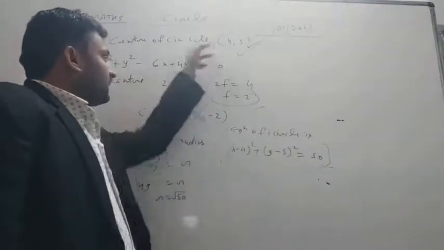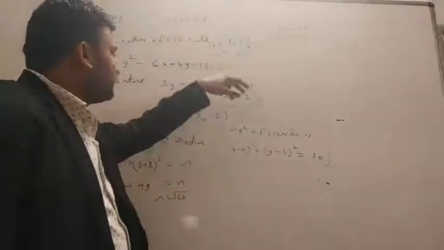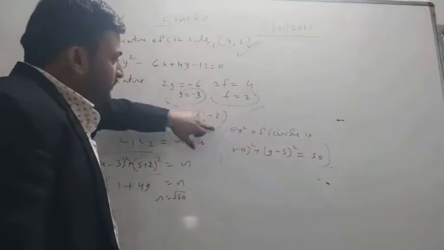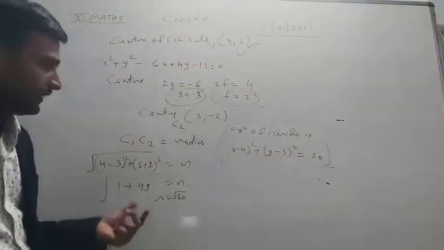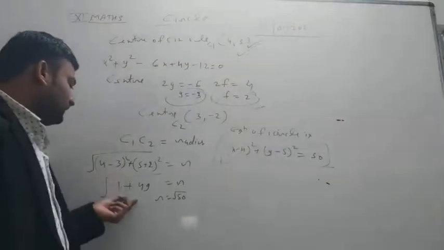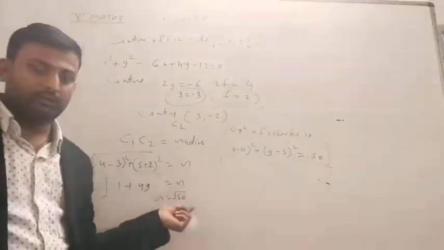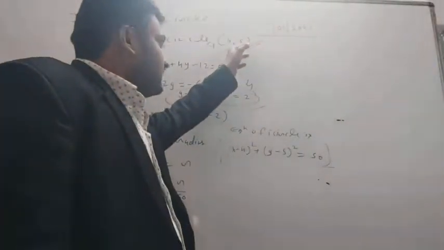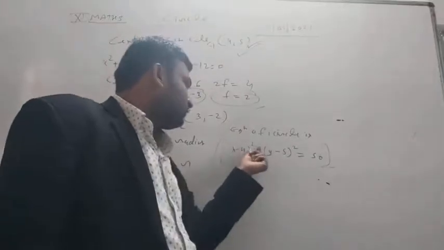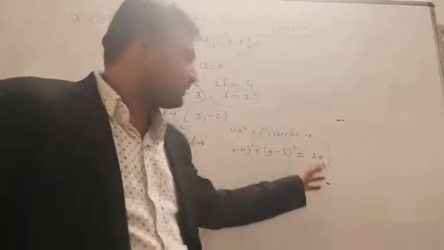It lies on the circumference, so the distance between center and circumference is equal to the radius. We calculate this with the distance formula and get r equal to root 50. So the equation is x minus 4 whole square plus y minus 5 whole square is equal to root 50 square, which gives us 50.